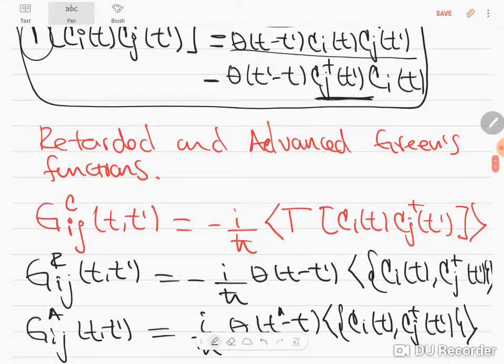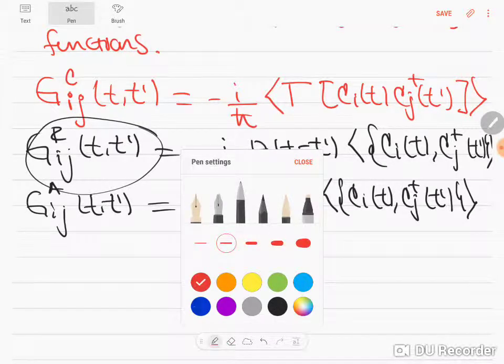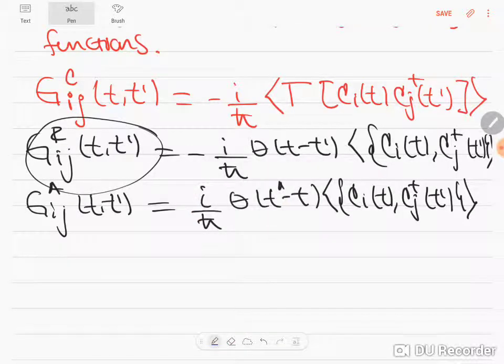Okay, now with this, and taking into account the quantum dynamics of these operators ci and cj, we will use the definition for the retarded Green's function with a slight change. We will not write the Green's function in the ij basis, that is the site basis, but we will write it in the energy basis.